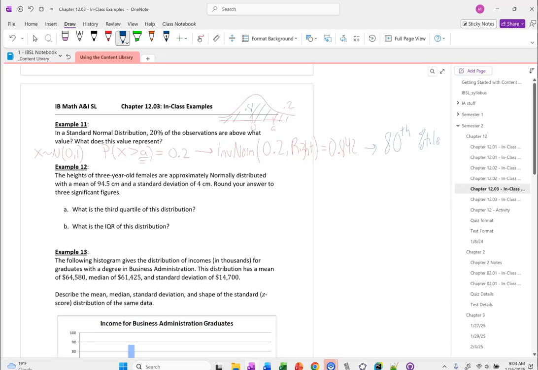So the 80th percentile would be 0.842 standard deviations above the mean, right? We'll stop here because we're kind of at the end of things.